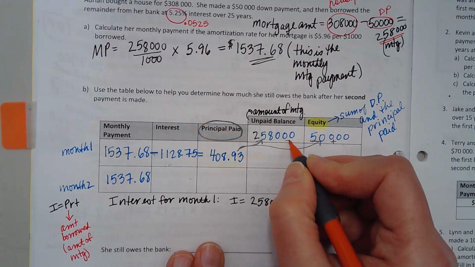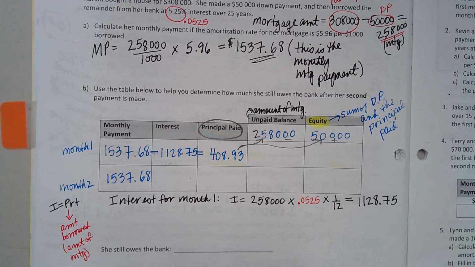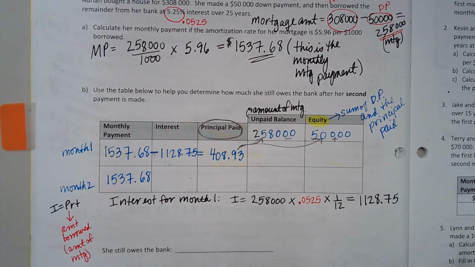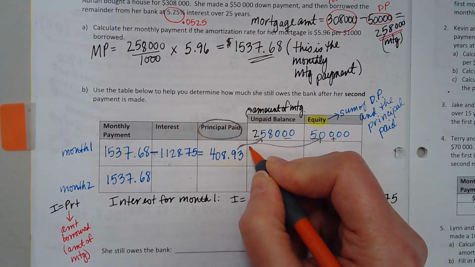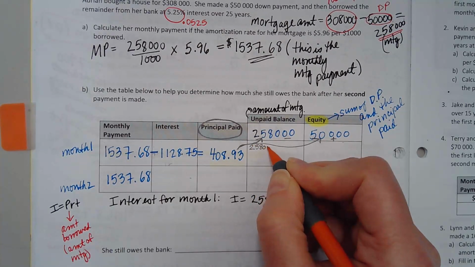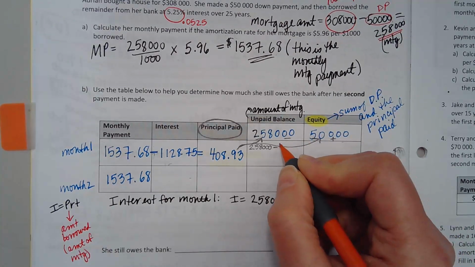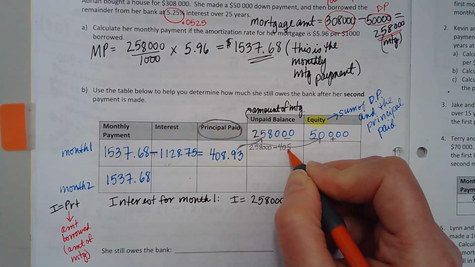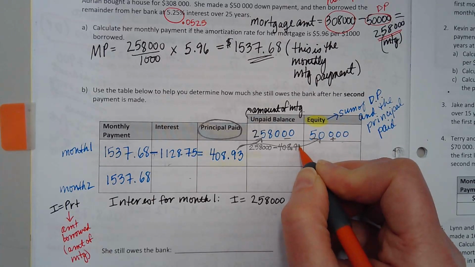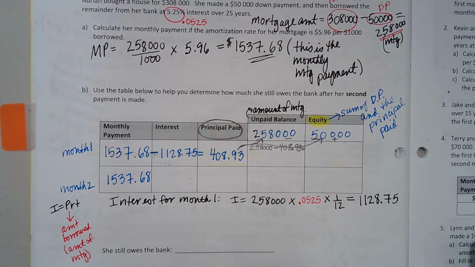This column, the principal gets subtracted. The cells are big enough, so I'm going to try and show it here. So in this cell, it's 258,000 subtract 408.93. And whatever that is.